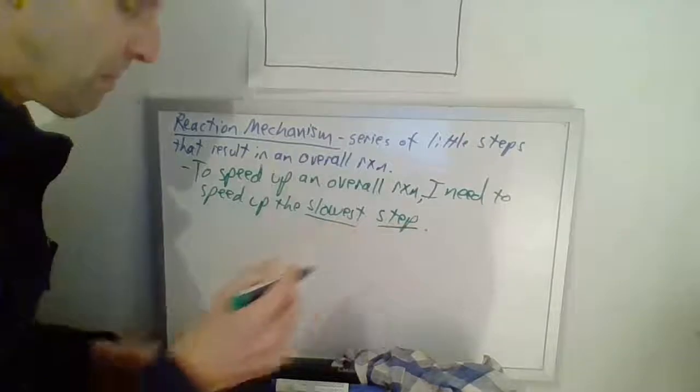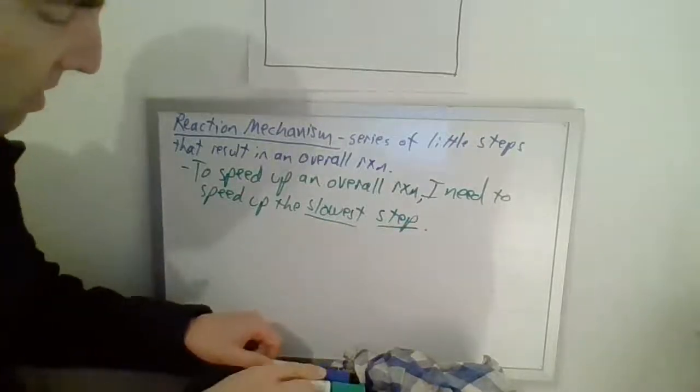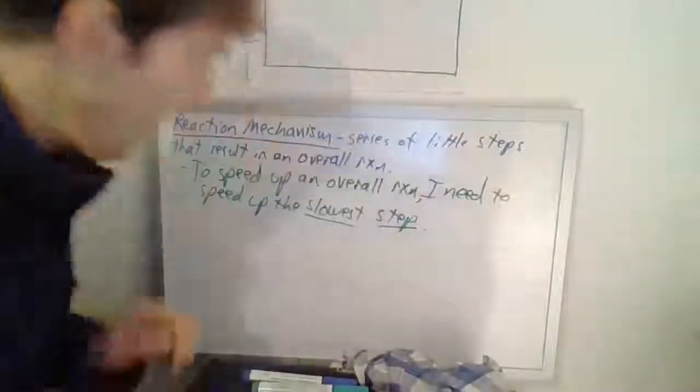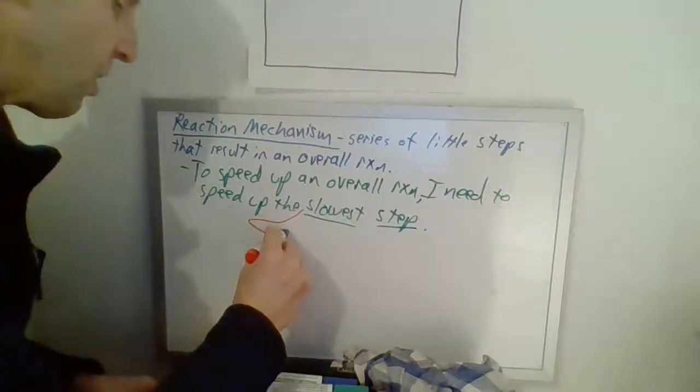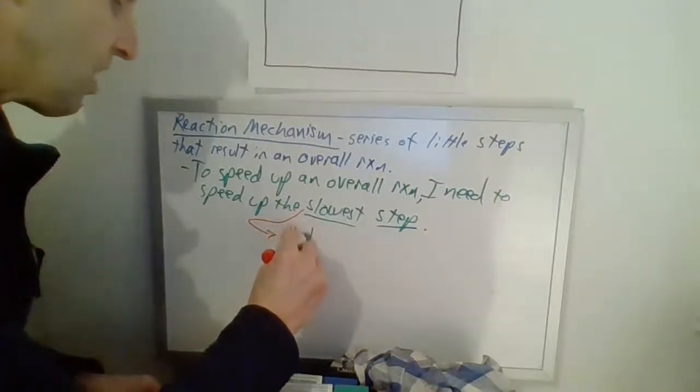The slowest step has a special name in chemistry. You might have heard of it in another class. It's called the rate determining step.